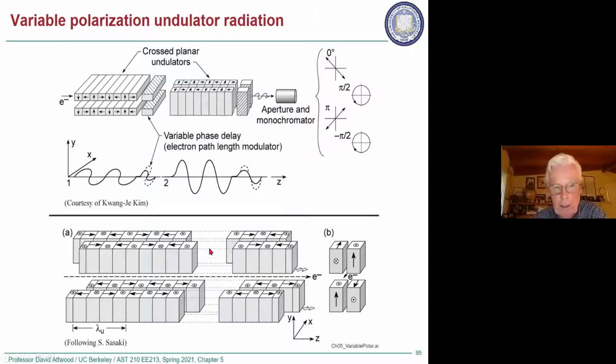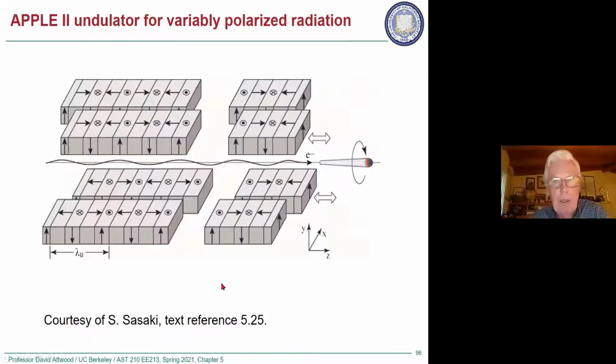There are other techniques that are actually more popular, and they're called apple undulators, where they have magnet structures that look like this, and you can slide one compared to the other. So it has the same effect. This is the so-called Apple II, and they produce radiation, which is shown here to be circularly polarized. By sliding it back and forth, you can get whatever polarization you want.